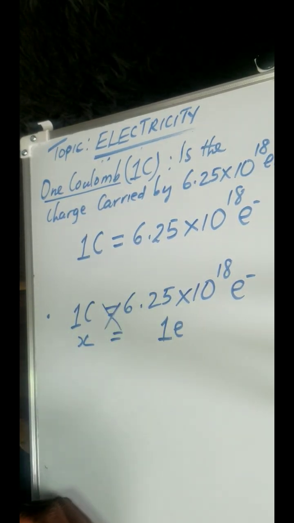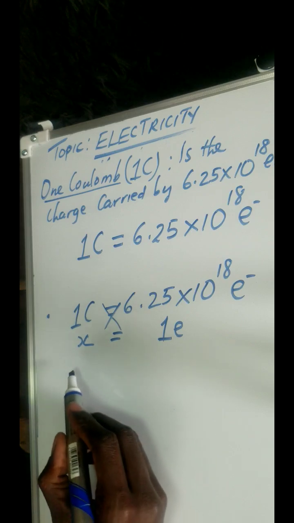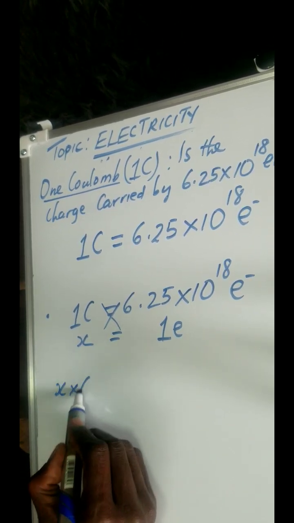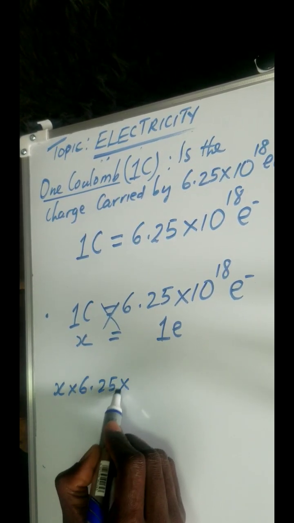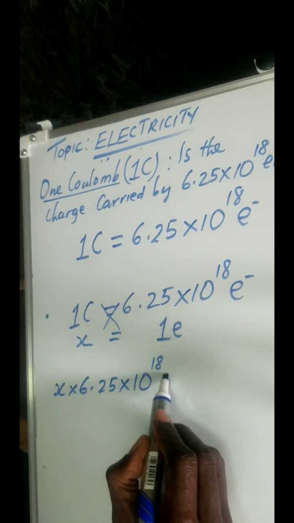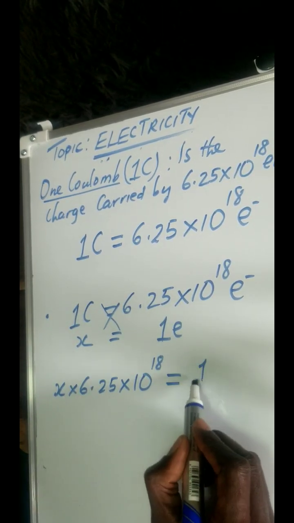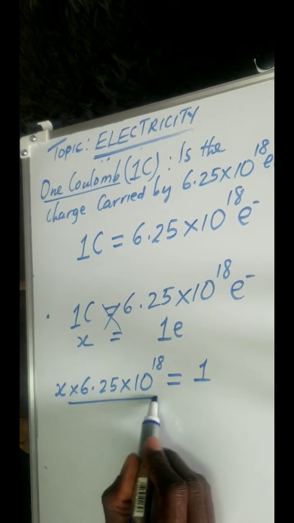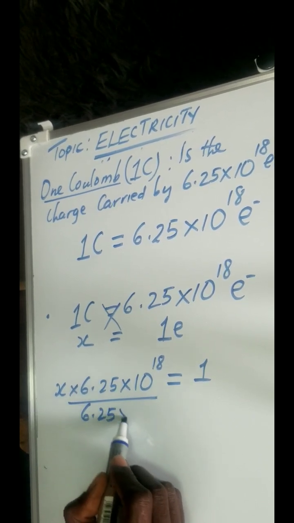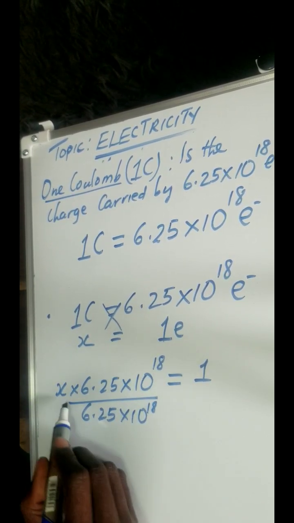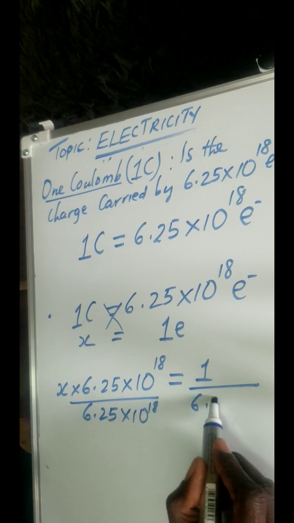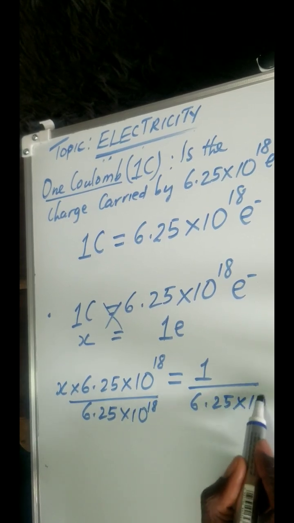We cross multiply: x multiplied by 6.25 times 10 raised to the power 18 is equal to 1 times 1, which gives 1. To find x, I'll divide both sides by 6.25 times 10 to the power 18. What you do on this side, you also do on the other side.